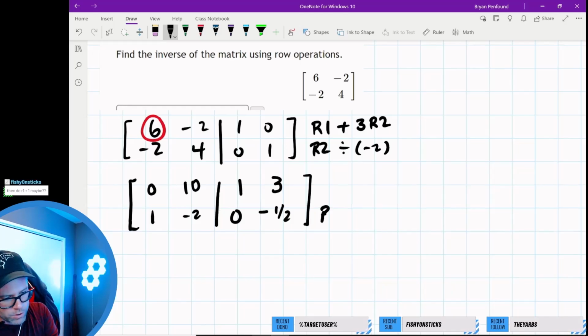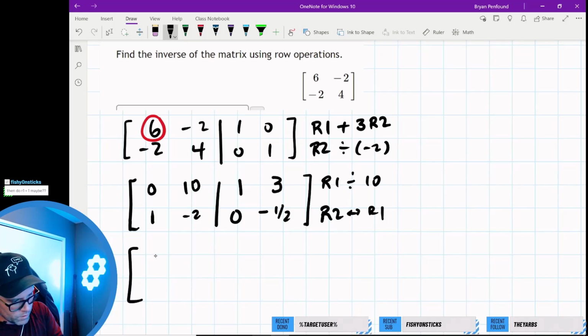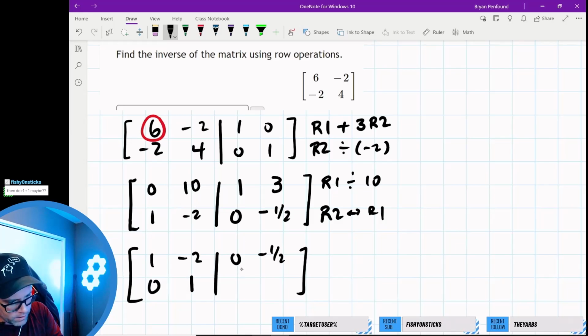Let's do a row 2 swapsies with row 1. And then we're going to take row 1 and divide by 10, I guess. So we'll get 1, negative 2, 0, negative 1/2, and then 0, 10, but I'm going to divide by 10, 1/10, and then 3/10.